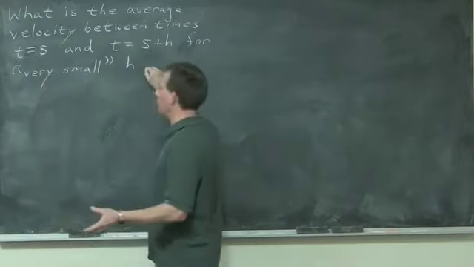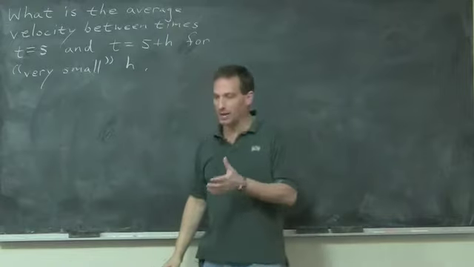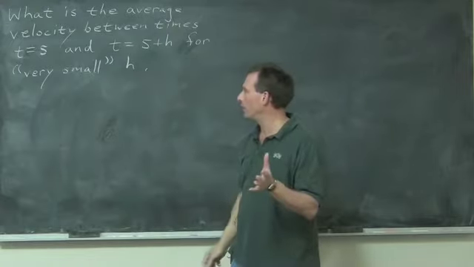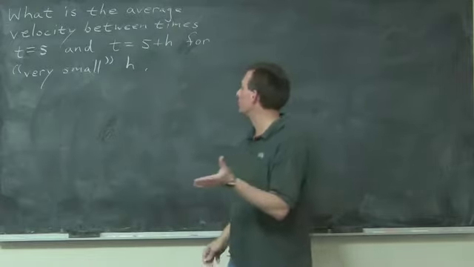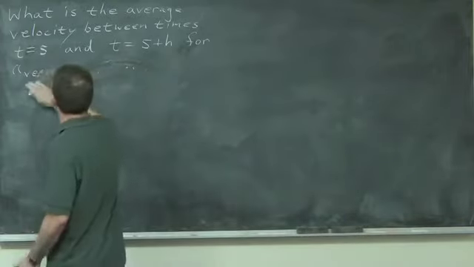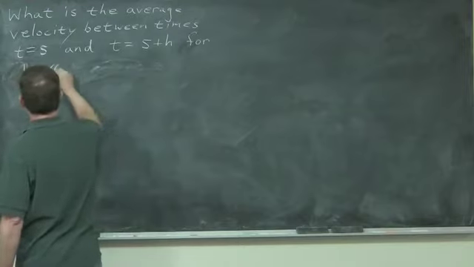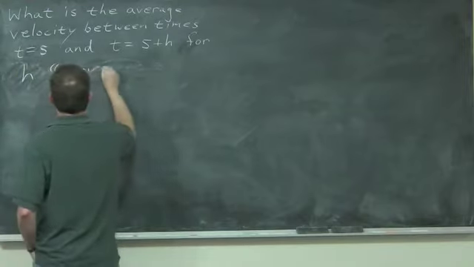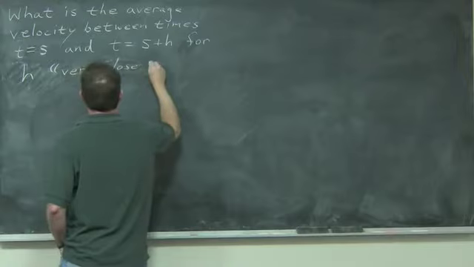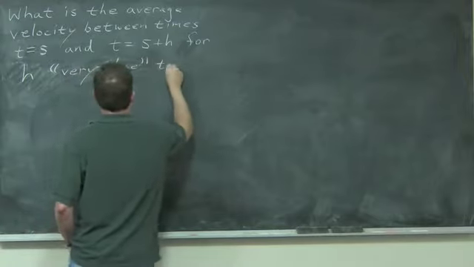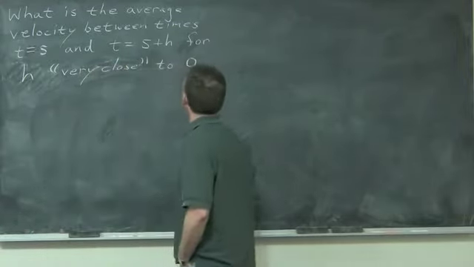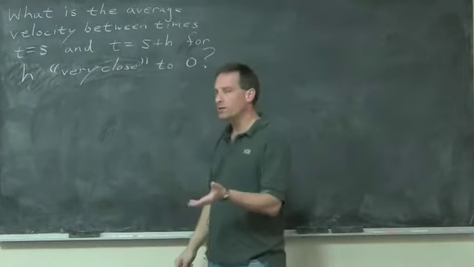Small does not mean really negative, like negative 5 million. We don't mean small in that sense. We mean close to 0. So for h very close to 0, what is this?